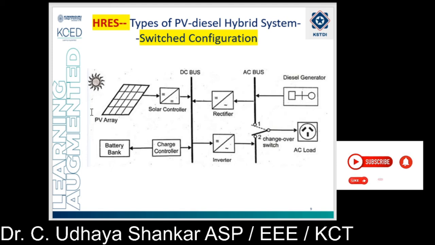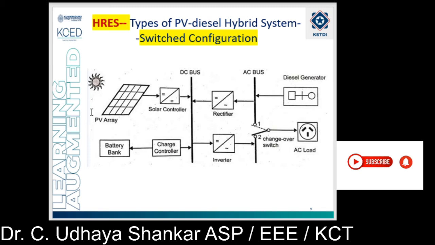When the diesel generated power is very high compared to the load demand, that excess energy will be used to recharge the battery. During low loads, the DG will be switched off and the load is supplied by the PV and the battery bank.